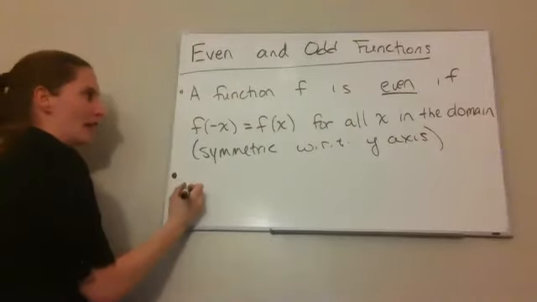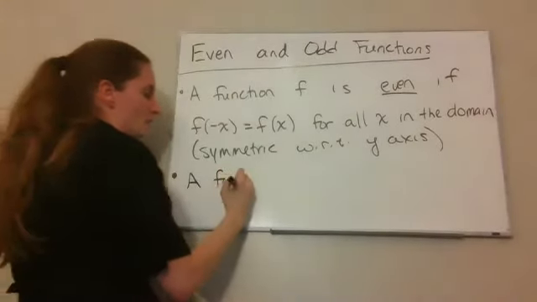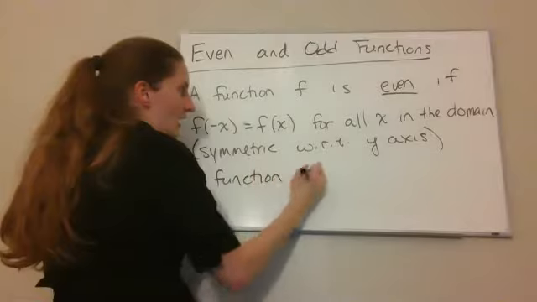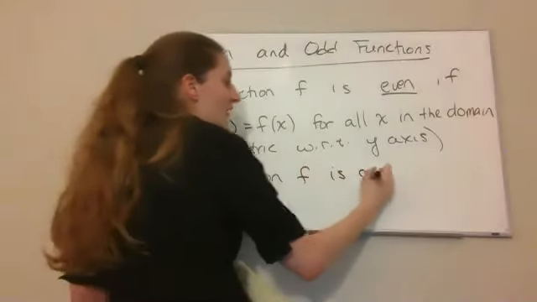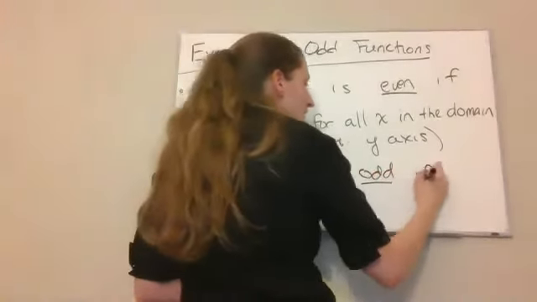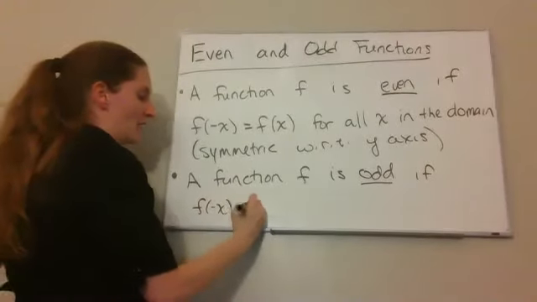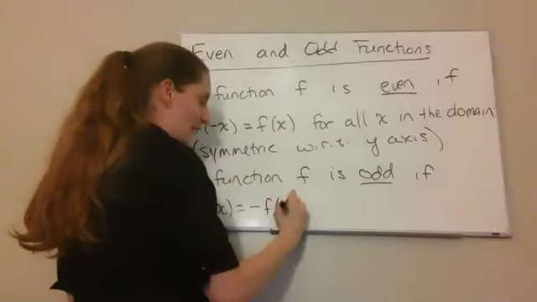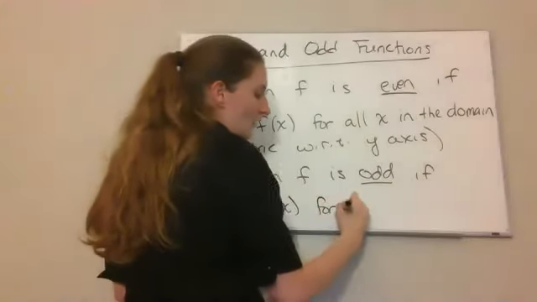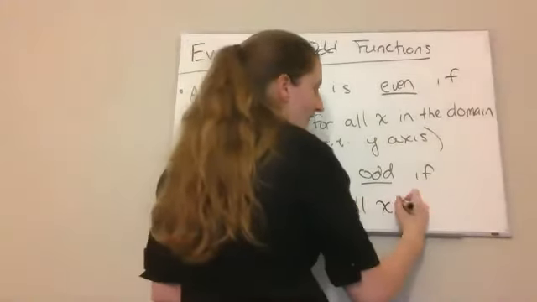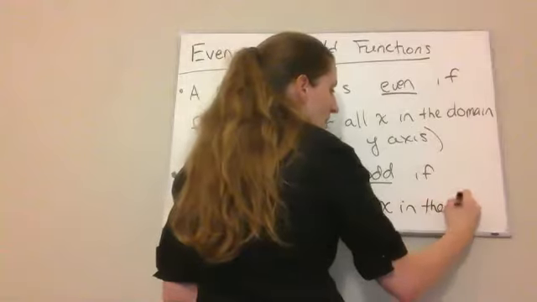And now let's define an odd function. A function f is odd if f of negative x equals negative f of x for all x in the domain.